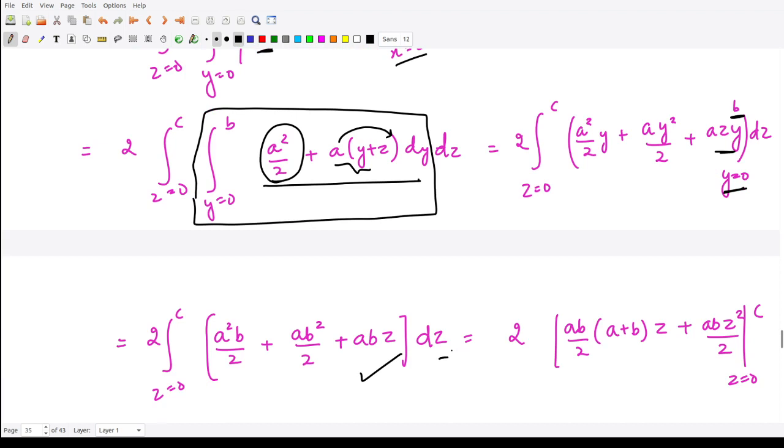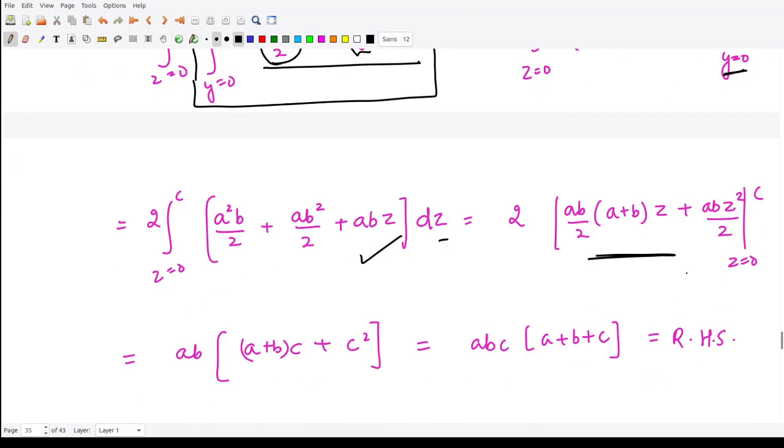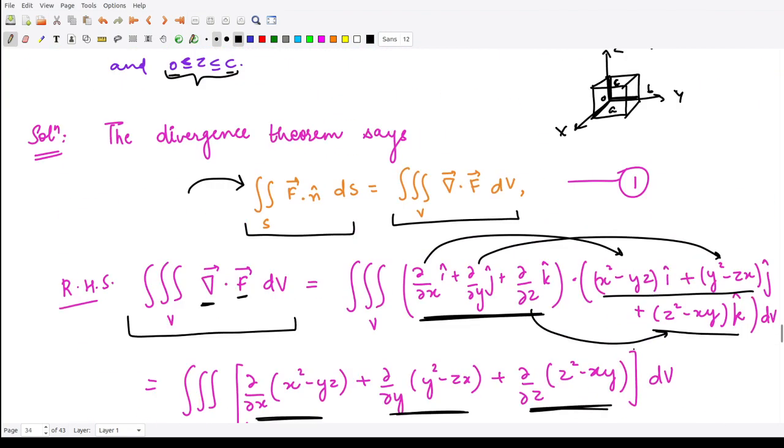Now what is that integration? That is simply this one, and then you substitute the limits for z, that becomes equal to abc times (a plus b plus c). So this is your right hand side. So mark this as the right hand side of your equation number 1, right?